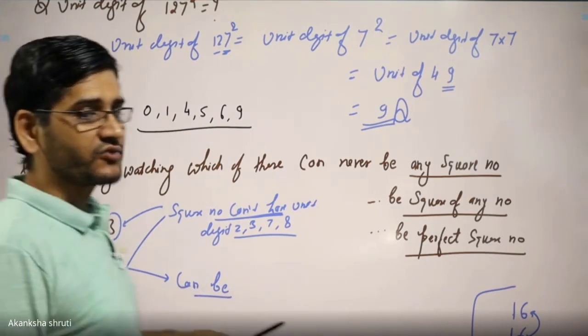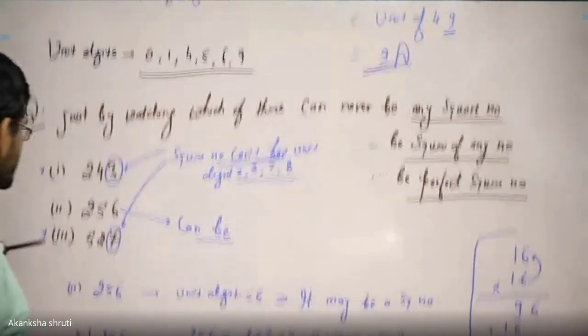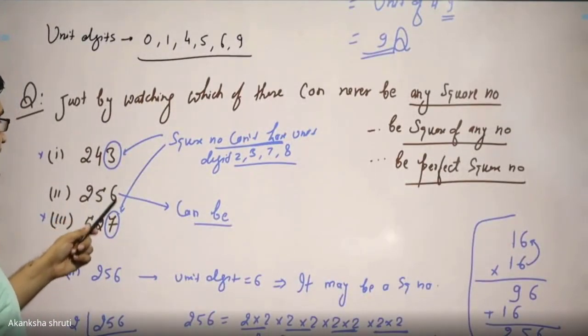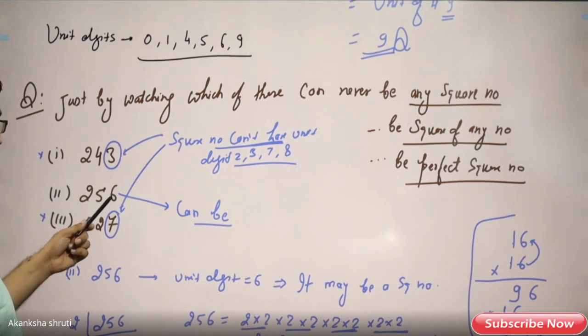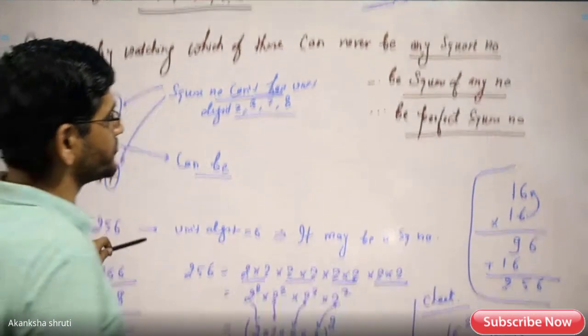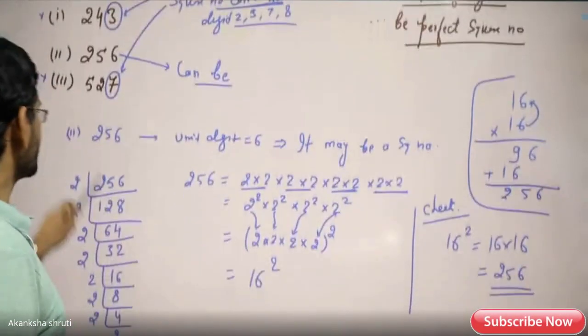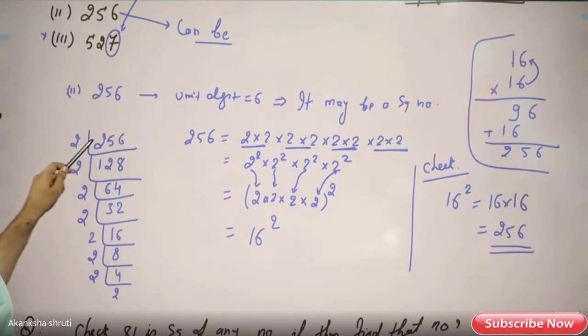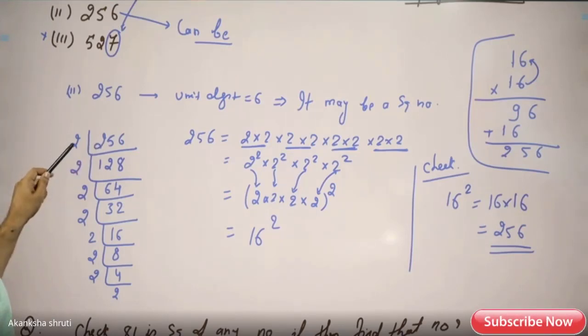Now in the second one, 256, 6 can be the unit digit of a square number, it can be. But whose square is this? For that we have to go for the factorization method. Take this 256. In factorization, we divide by the smallest prime number by which it is divisible. 256 is divisible by 2, and we get the quotient 128.